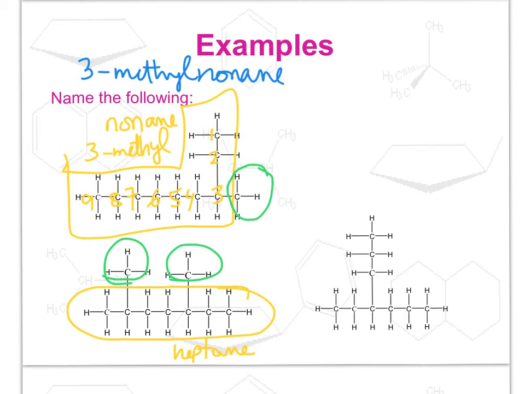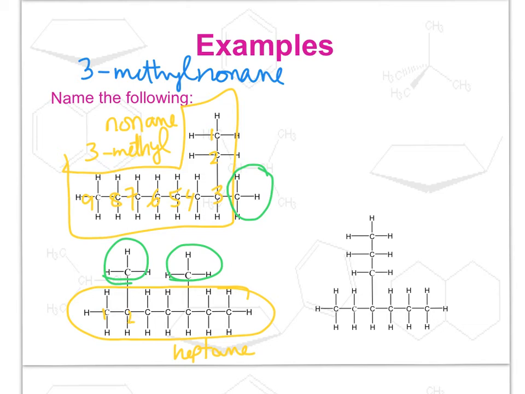So first, I need to figure out to which carbon on the main chain the branches are attached. So which way should I number it? Should I start from here as carbon number 1 or from here as carbon number 1? Well, you want to start from here so that your branches are coming off of 2 and 5 as opposed to 3 and 6.